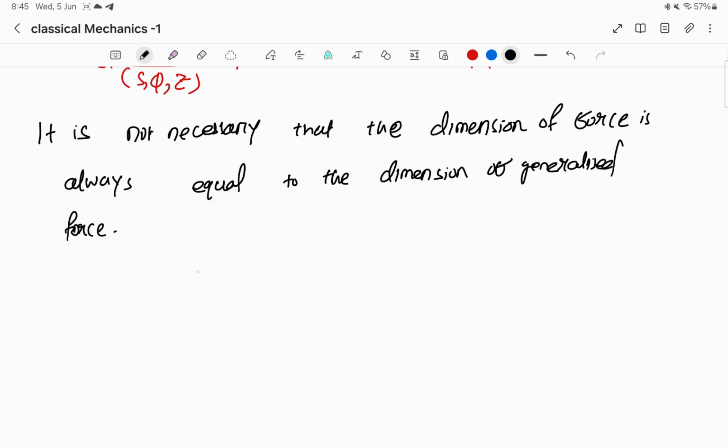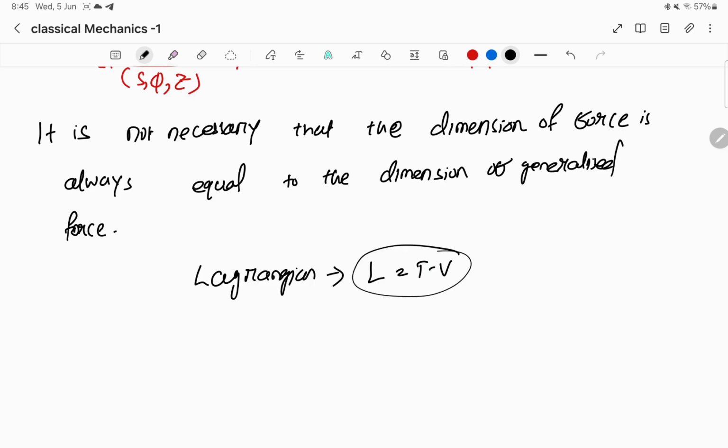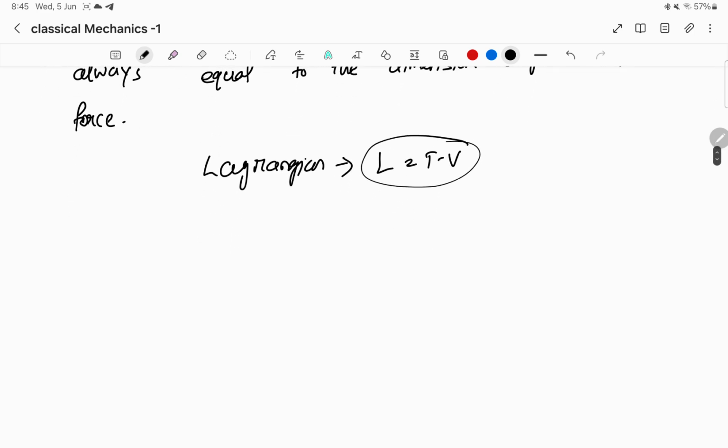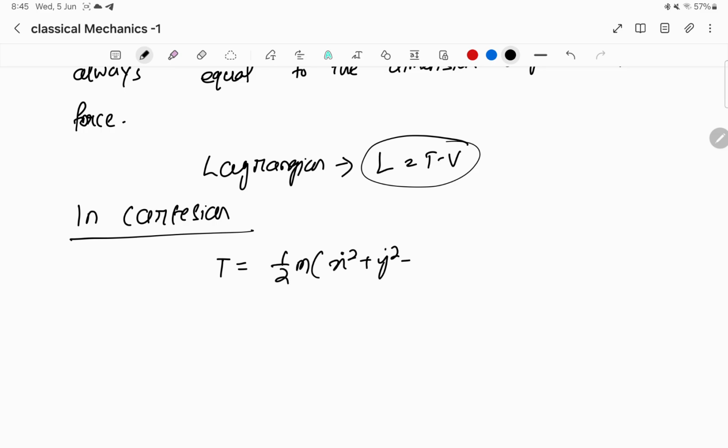So in Lagrangian I have defined L equal to T minus V. So in Cartesian, your T is equal to how much? Half m, if I am considering 3D, x dot square plus y dot square plus z dot square, isn't it?